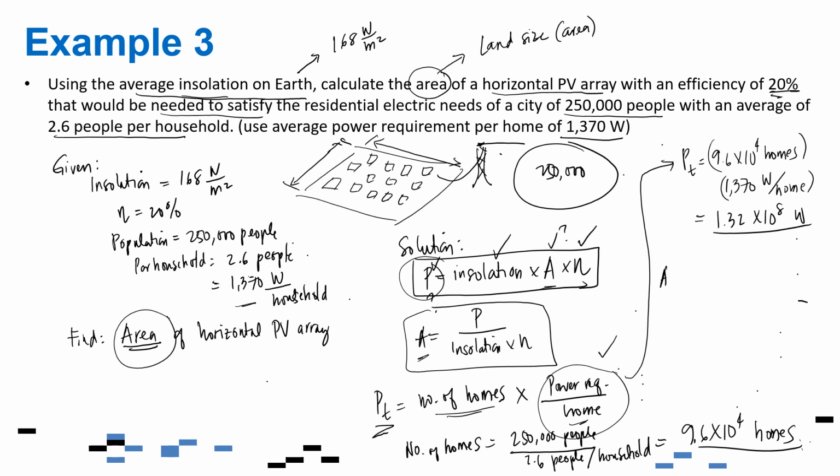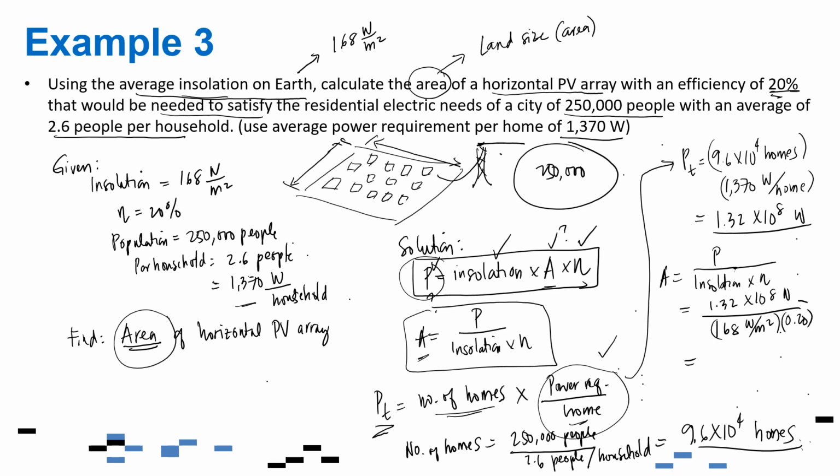Area is equal to power over insolation times the efficiency, in which case we have 1.32 times 10 to the 8 watts over the insolation of 168 watts per square meter times the efficiency of 20%.